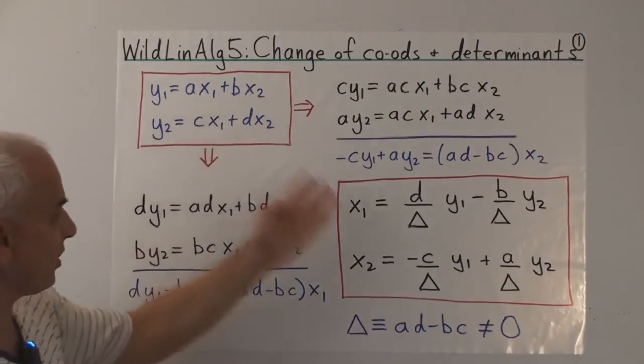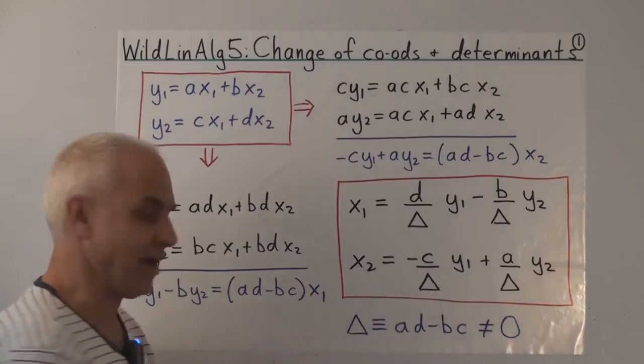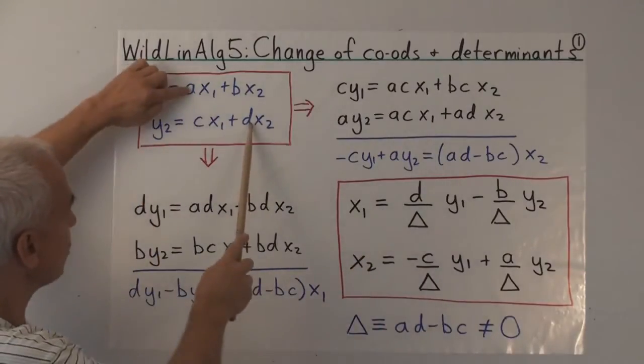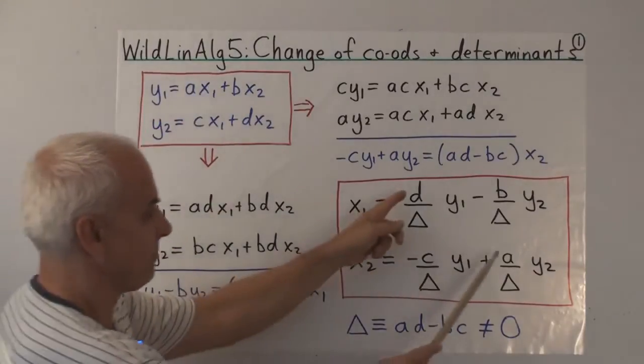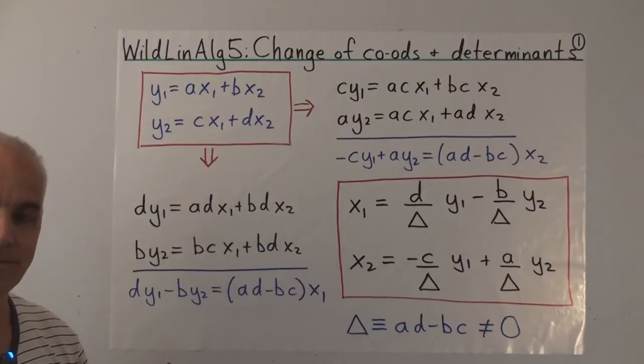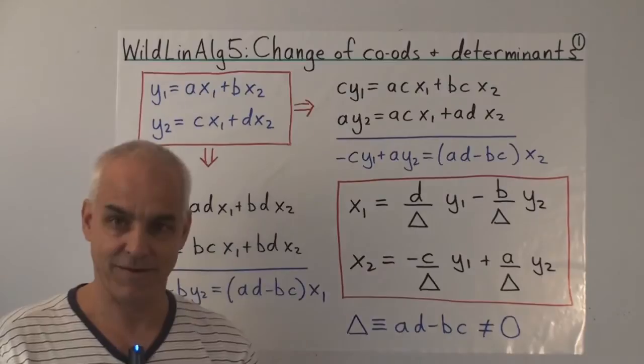And to go from this one to this one, if we take out that common delta in the denominator, then the other coefficients are obtained by interchanging the a and the d and multiplying b and c by minus 1. So that's relatively easy to remember, and it's important that you remember that.